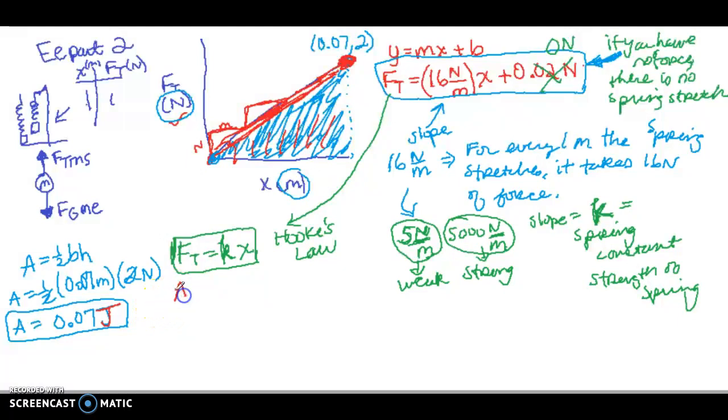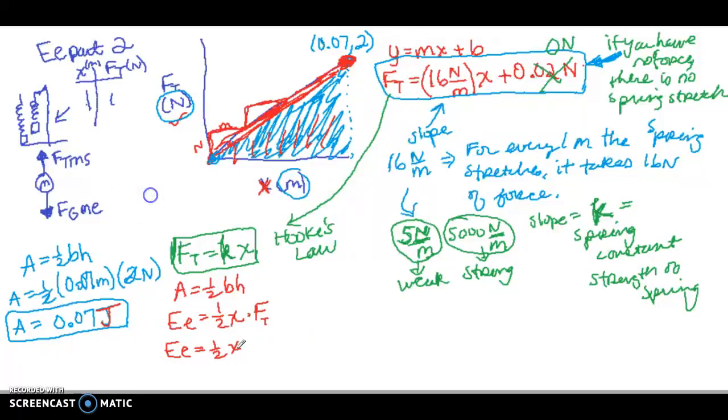If I want to write it as the actual equation, I know the area is the energy stored, 1/2. The base of the triangle is x, and the height of the triangle is F, or F_T in this case. That's not wrong, it's just not how we normally write it.